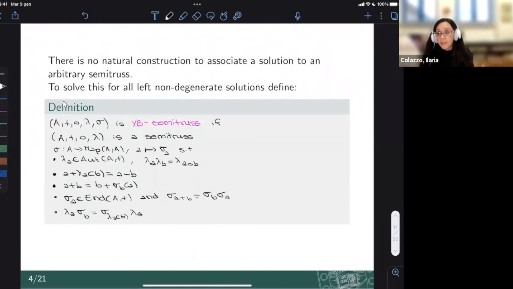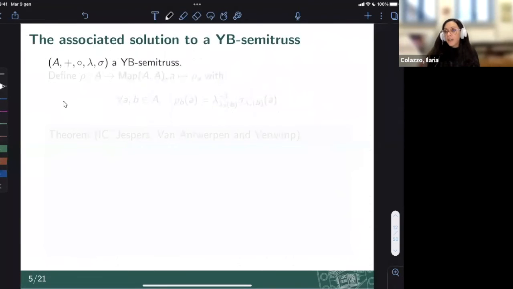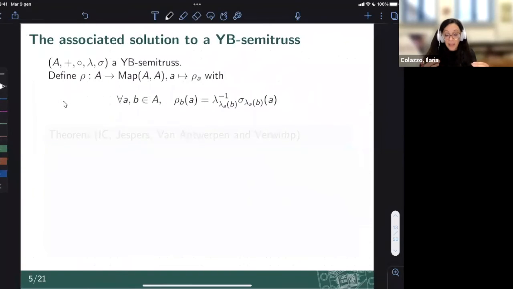In this definition I see there are a lot of conditions, but we will see that with some extra properties we can ask less. We have fewer things to verify to prove that something is a YB-semitruss. But if we have a YB-semitruss, then we can define a rho map in this way.